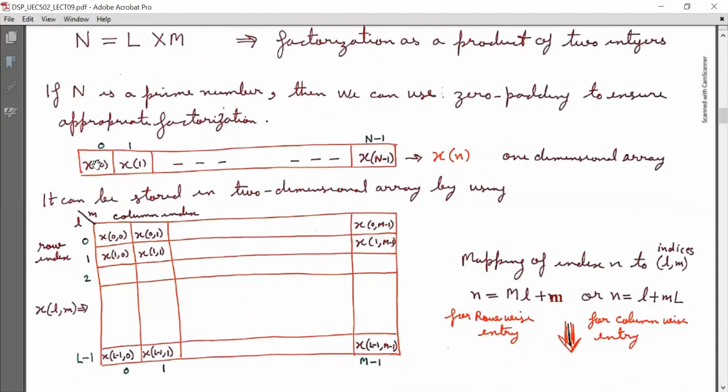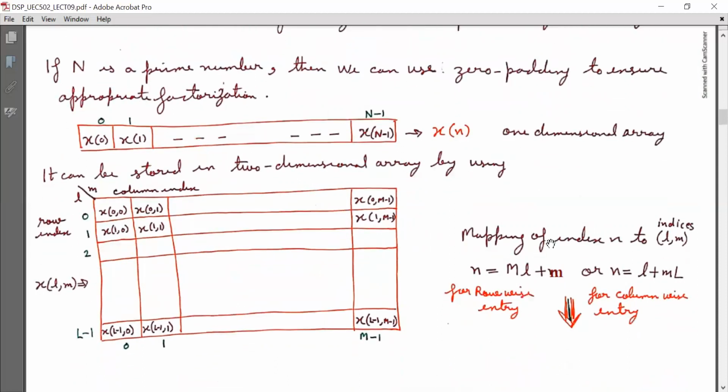Now we will arrange the time domain sequence x(n) in a one-dimensional array like this. From this, it can be stored in a two-dimensional array by using mapping of index n to indices l and m, like this. Here it is an array: first element is x(0,0), x(0,1), up to x(0,M minus 1), like this.